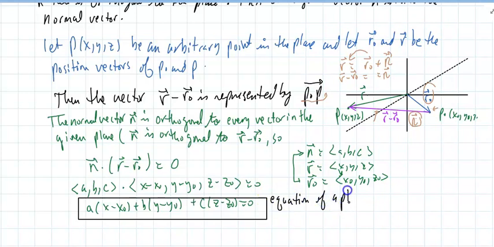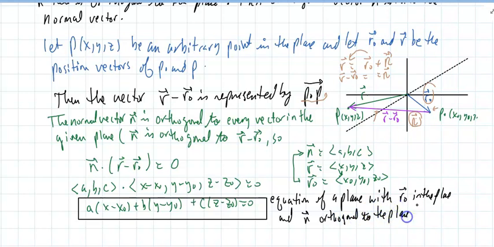Equation of a plane with r naught in the plane and n orthogonal to the plane. So that's all I need.